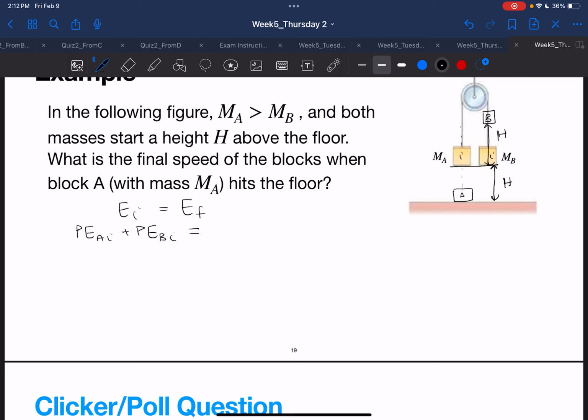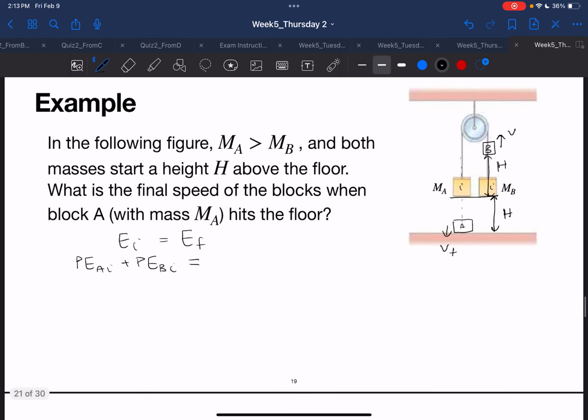There's no kinetic energy. And then at the final point, block A is moving downward with some V, and block B is moving upward with some V. We'll call it V final. Since they are attached via this rope over this pulley, they're moving together with the same velocity.